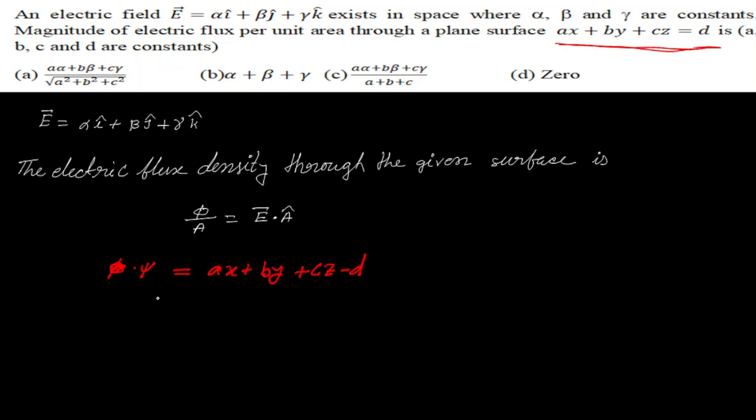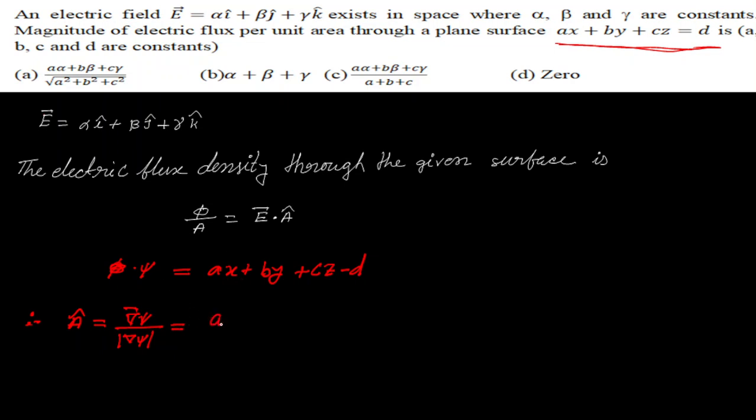Now if we take the gradient of this psi and divide by its magnitude, that gives us a unit vector, and that unit vector will be the normal to this given surface. Therefore the unit vector associated with the given surface, a cap, will be grad psi divided by mod of grad psi.